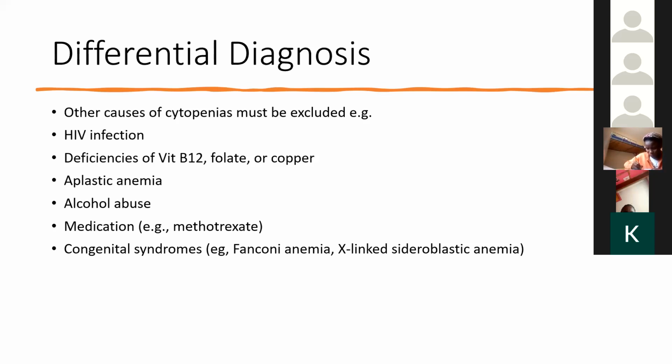Again, those are conditions that need to be differentiated from myelodysplastic syndrome. So remember, as I told you, it's a disease of exclusion. You want to exclude something treatable because myelodysplastic syndrome, the treatment is continuously evolving. It's not an easy disease to treat. So before you tell somebody, oh, you have myelodysplastic syndrome, you need to exclude other possible causes of myelodysplasia.